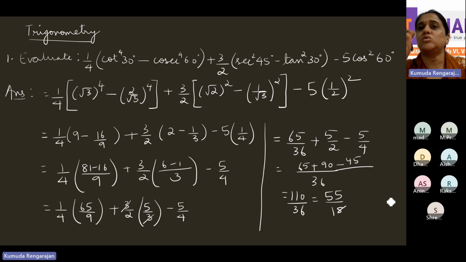Root 3 to the power 4 is root 3 into root 3 into root 3 into root 3. Root 3 into root 3 is 3. 3 3s are 9.